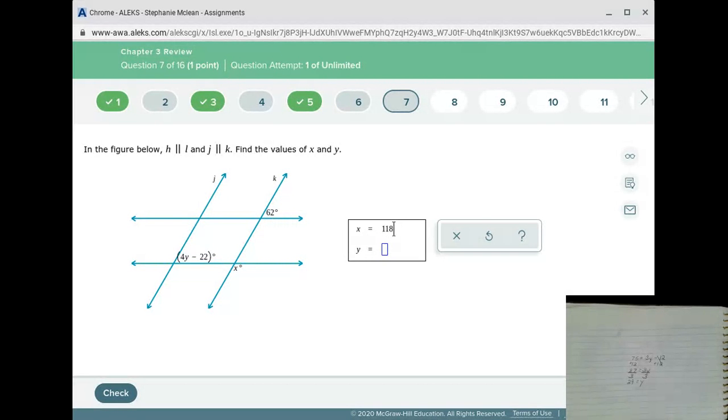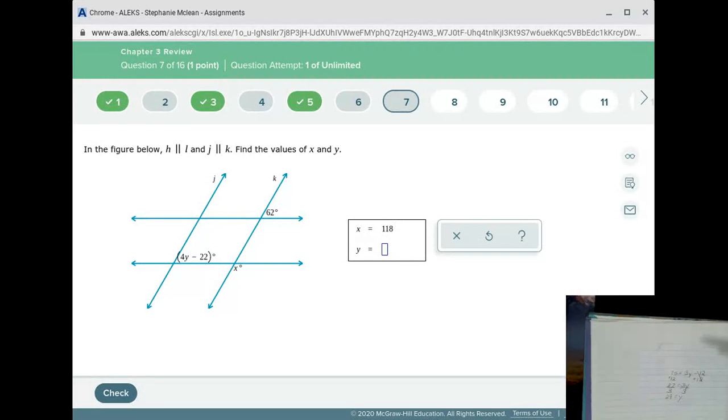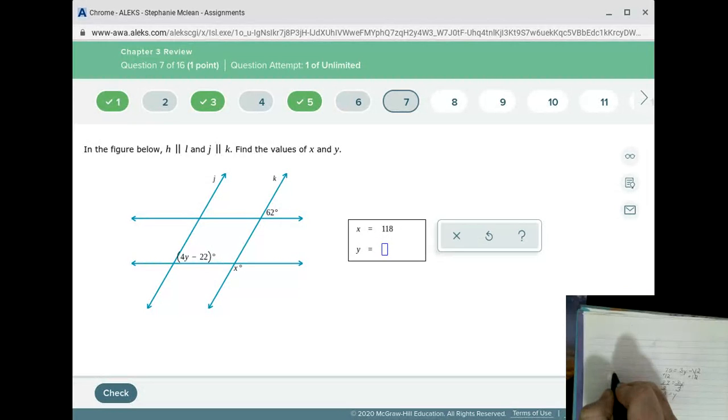All right, so I'm going to go ahead and solve that. Hopefully you guys can see this. All right, so 4y minus 22 equals 62. Okay, so I'm going to solve that. Add 22 to both sides to isolate the y value.